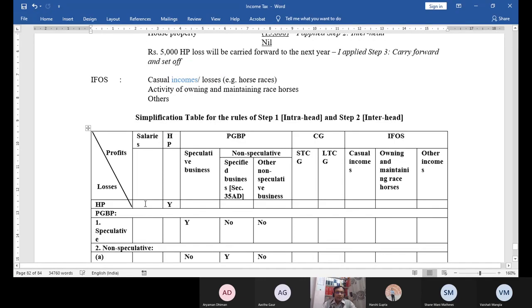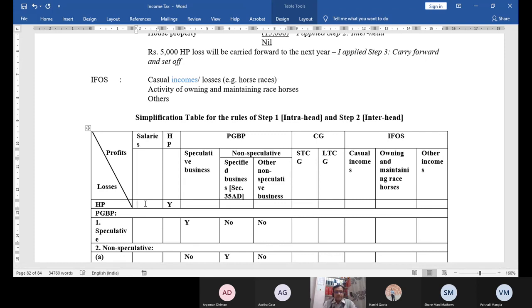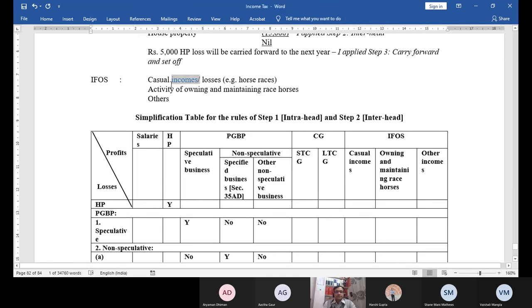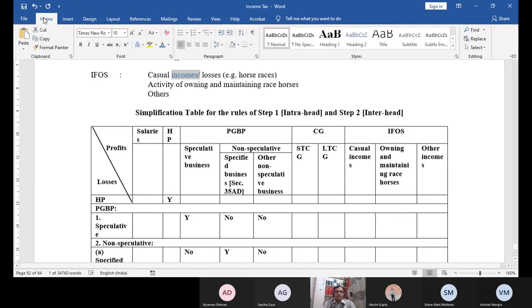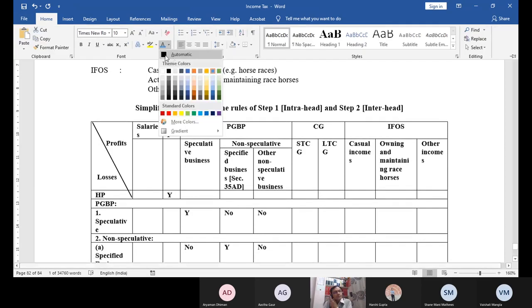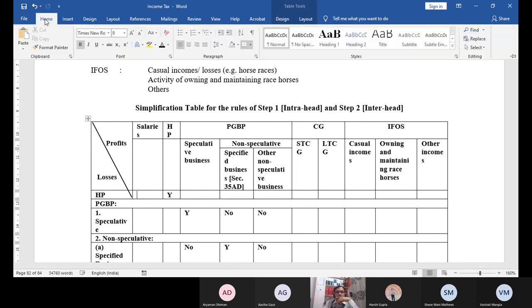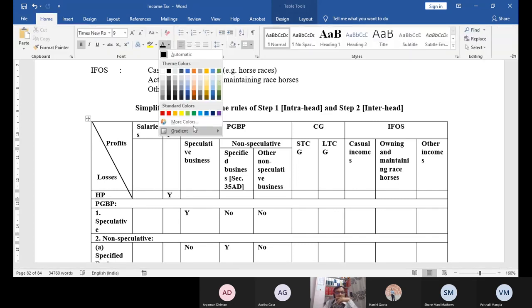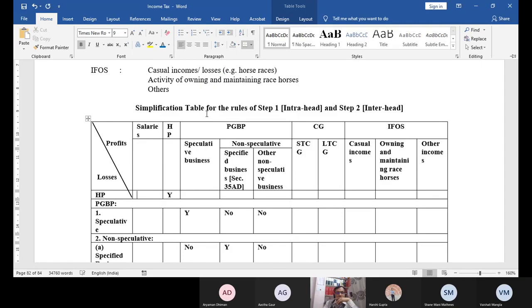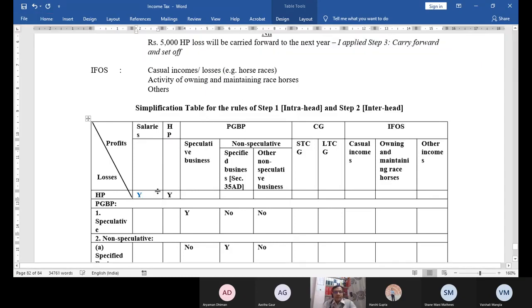Now HP negative can be adjusted against salary. Now I will not read HP because intra head is over. So I will talk about only other heads.